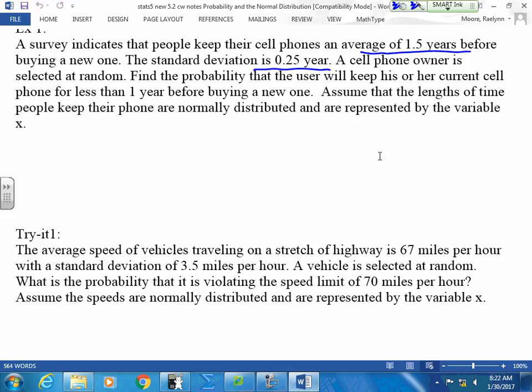Find the probability that the user will keep his current cell phone for less than 1 year before buying a new one. Assume that the lengths of the time people keep their phones are normally distributed and are represented by the variable x. So as soon as they tell us normally distributed, we say, oh, this follows a normal curve. And we set up a sketch.